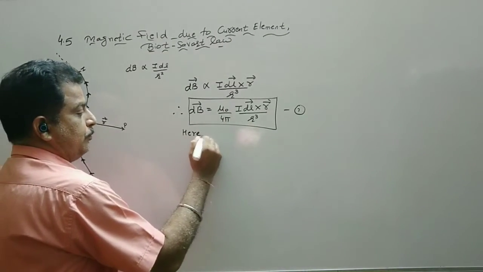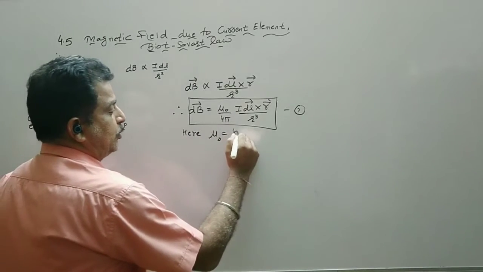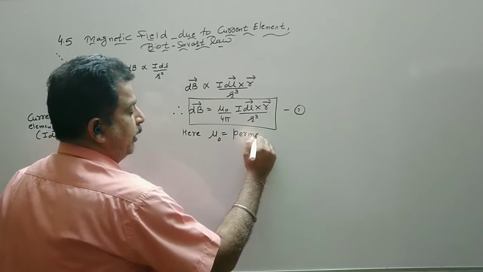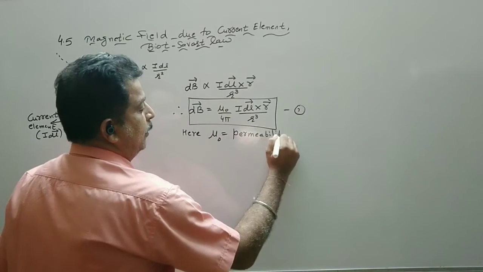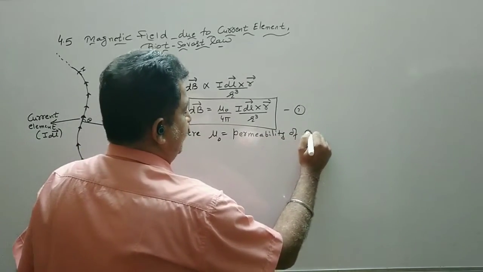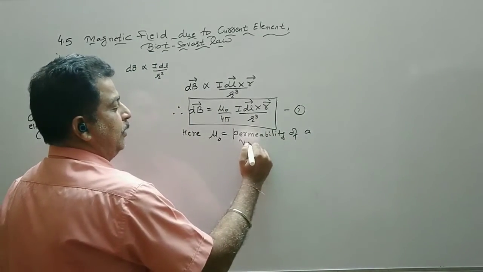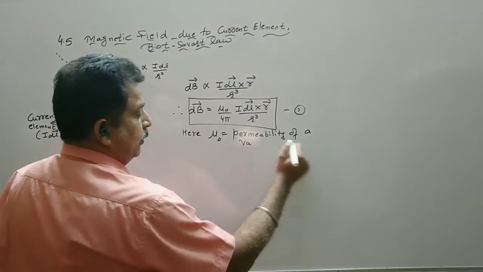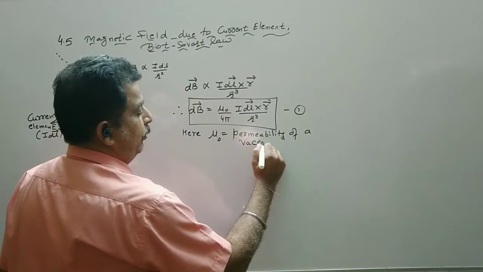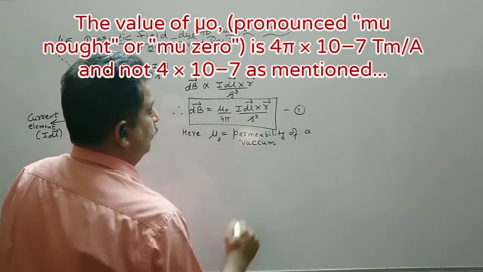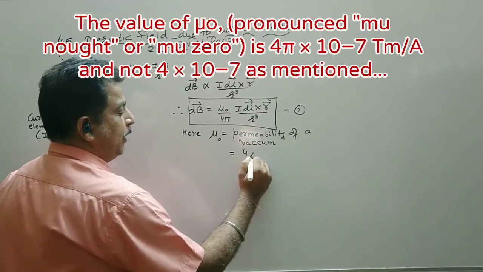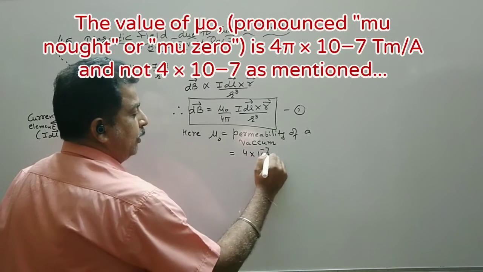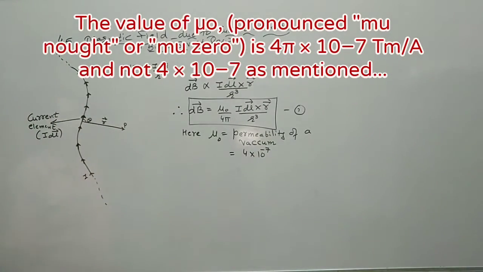Here mu naught is called the permeability of a medium. Here we are assuming the medium is air or a vacuum. So it is the permeability of vacuum, and its value is found to be 4 pi into 10 raised to minus 7.